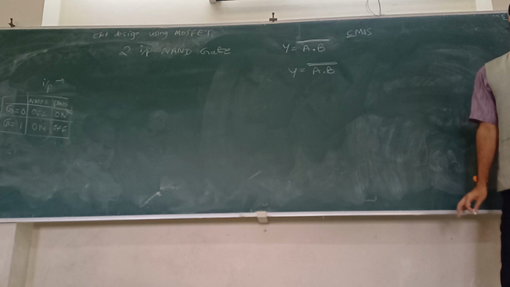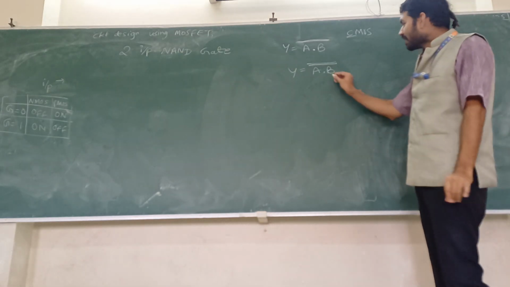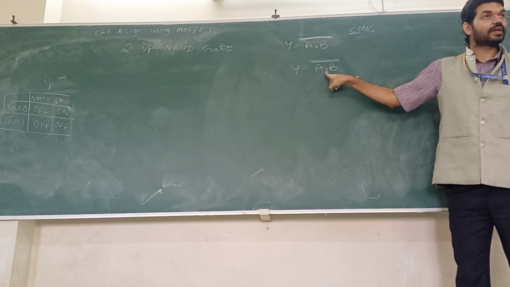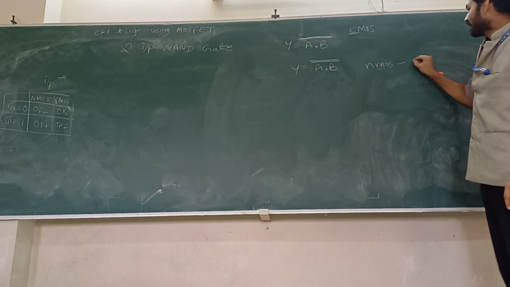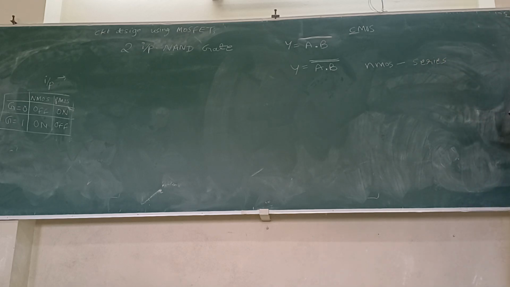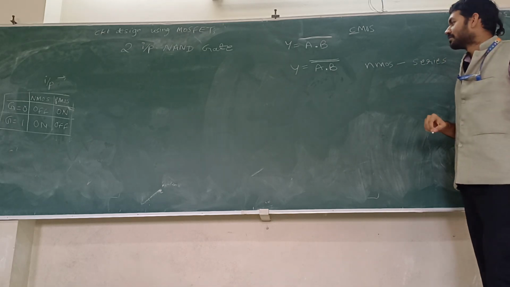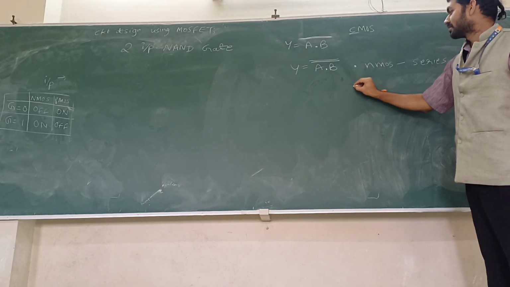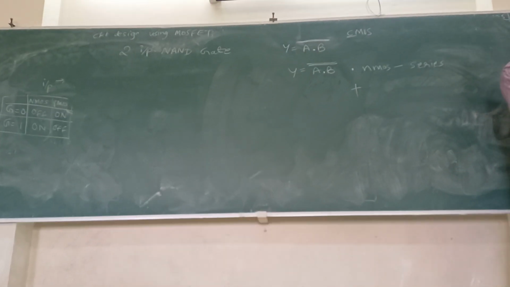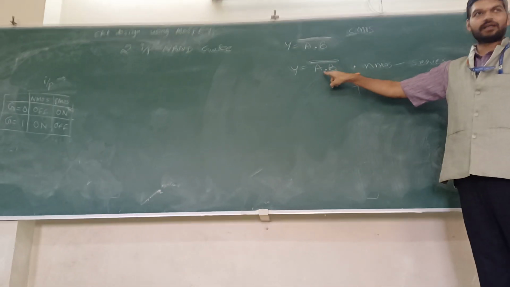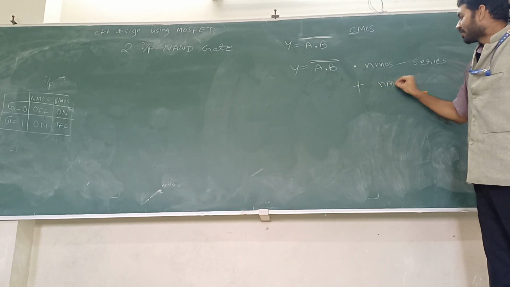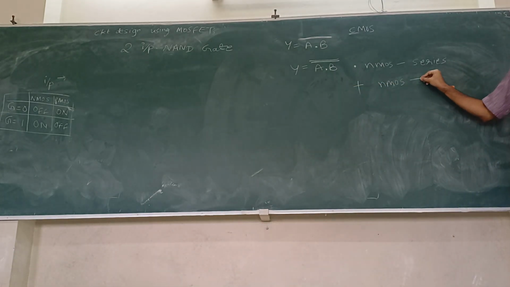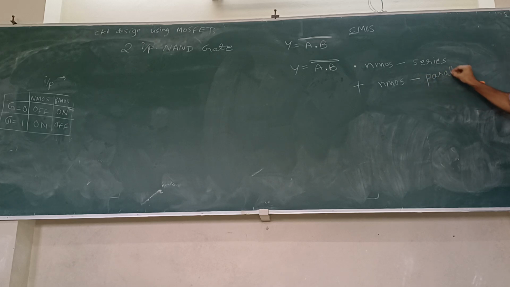One more important rule. This is the most important rule in CMOS design. Whenever I have dot, NMOSFETs should be connected in series. Whenever I have plus, A plus B, NMOSFETs should be connected in parallel.